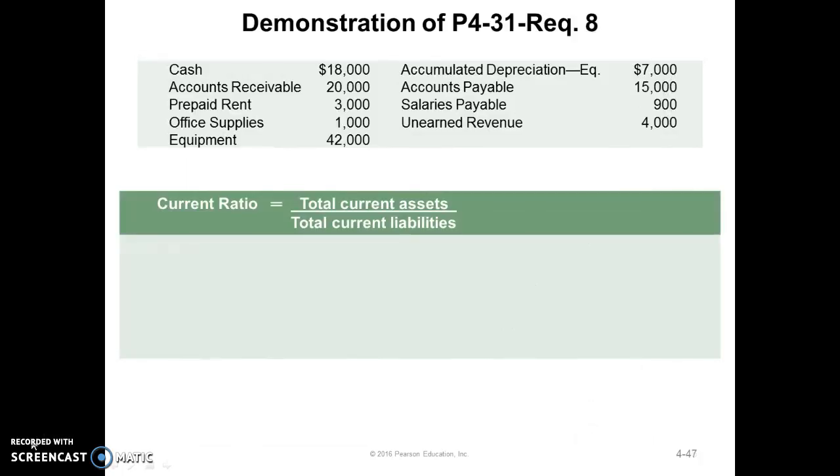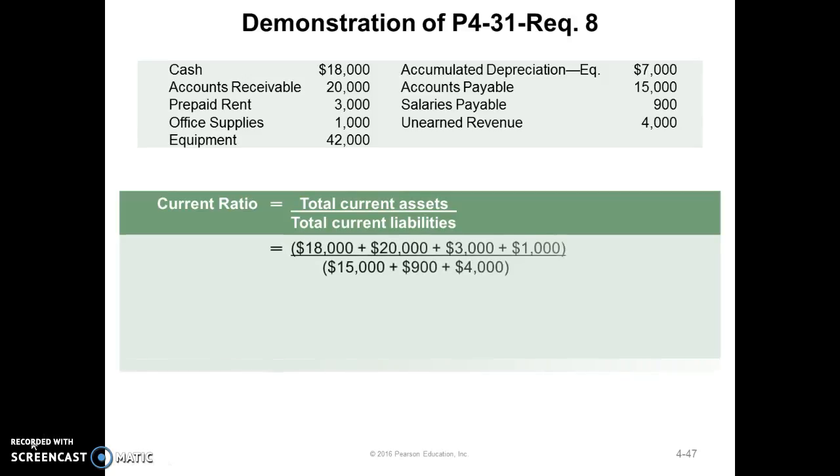Another thing we're going to talk about is the current ratio. The current ratio is just a good way to say, do I have enough assets to cover my liabilities? But it's talking about your current assets to cover your current liabilities. So our current assets we can see from here are cash, accounts receivable, prepaid rent, and office supplies.